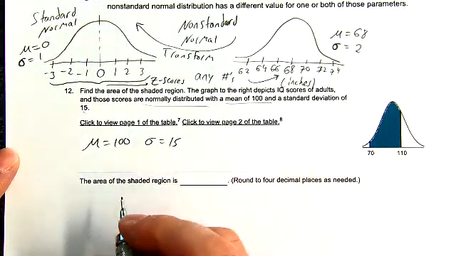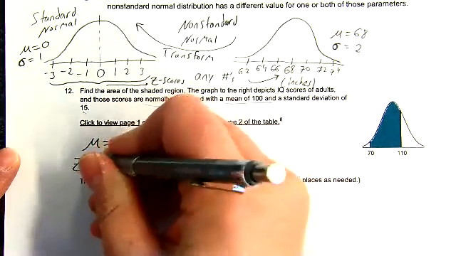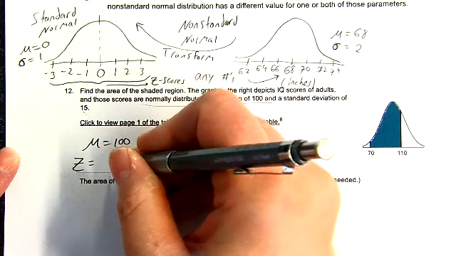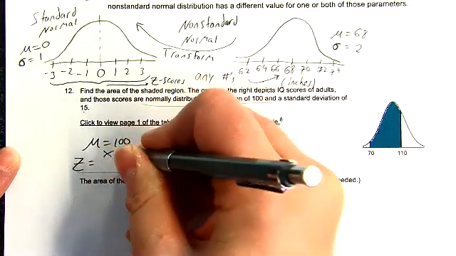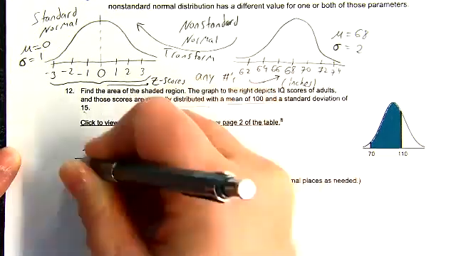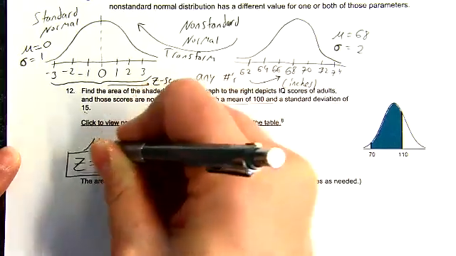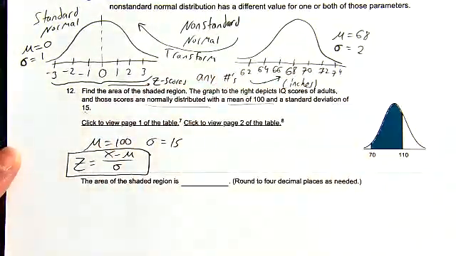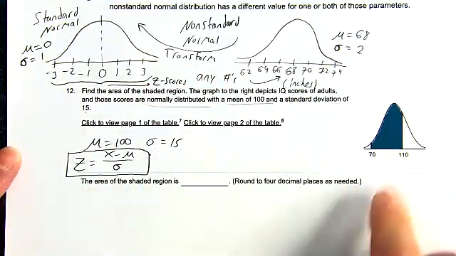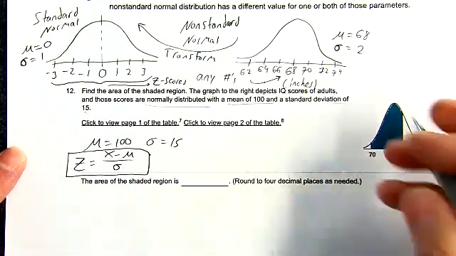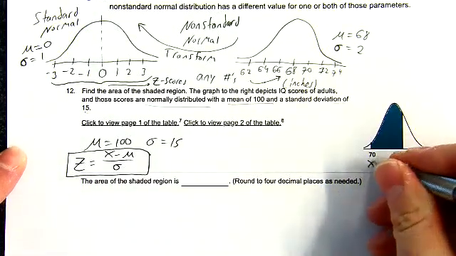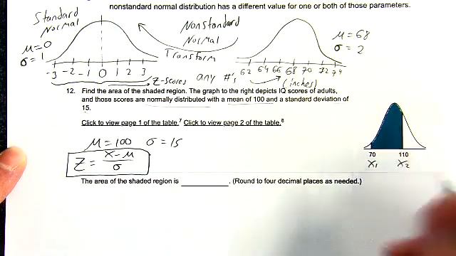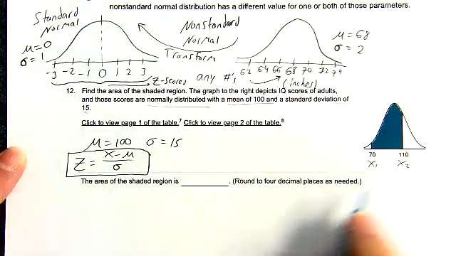So to do that, we're going to use z is equal to, our z-score, x minus mu over sigma. So let's box that equation. We've seen it before. And in this problem, I have to do this twice. So I have an x1 here and an x2. So I have to do this equation for both those x's.